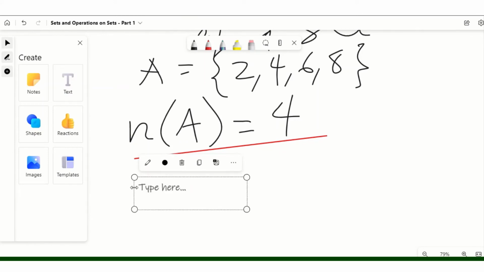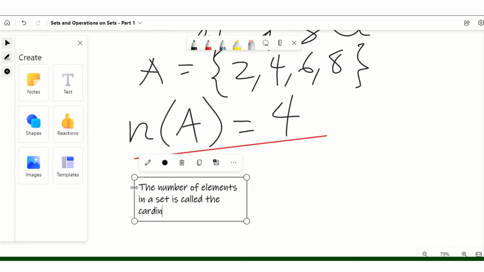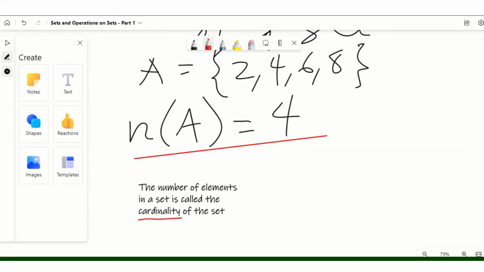Take note of this point: the number of elements in a set is called the cardinality of the set. That's all. Just remember that keyword, this term, cardinality.